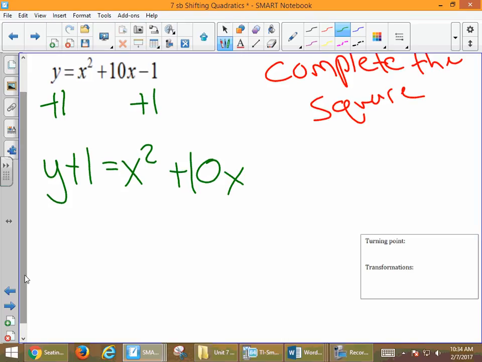And then what is the next step we want to take when completing the square? We add b over 2 squared to both sides. In this case, b is 10, so we're going to add 10 over 2 squared to both sides.